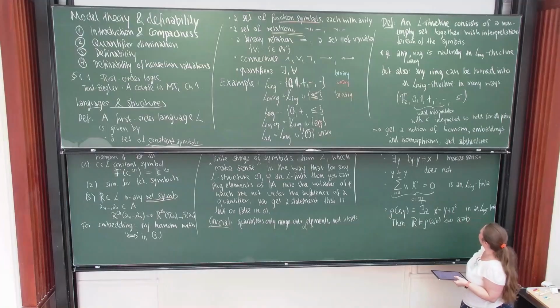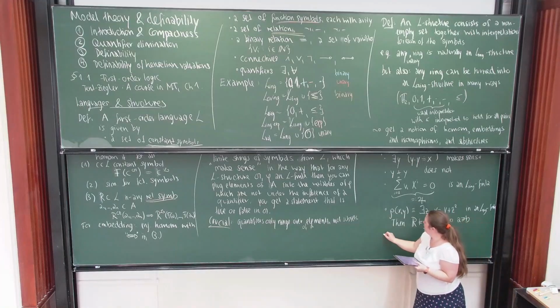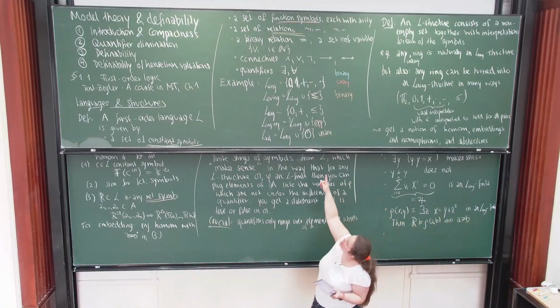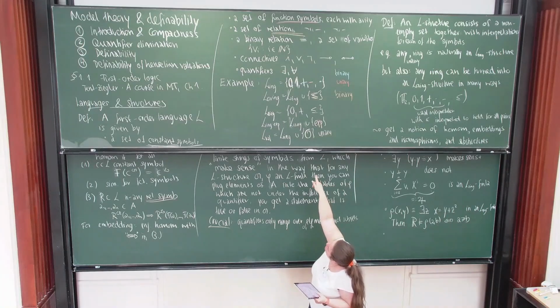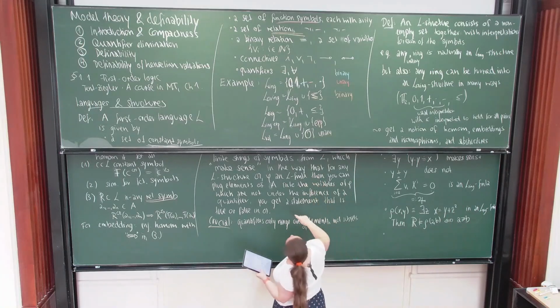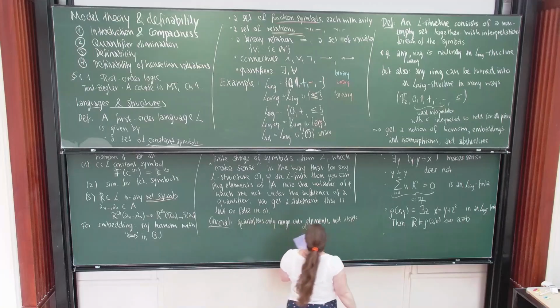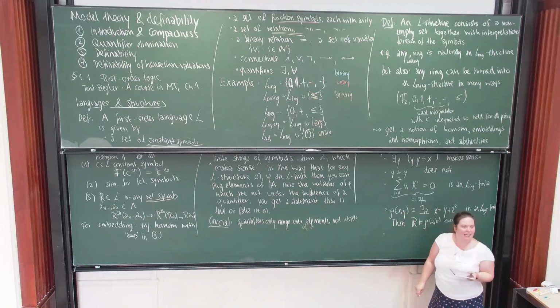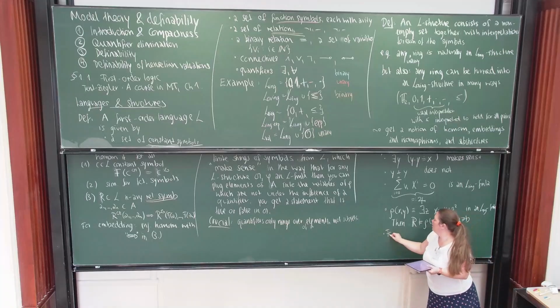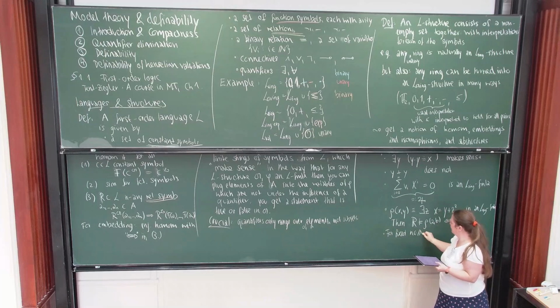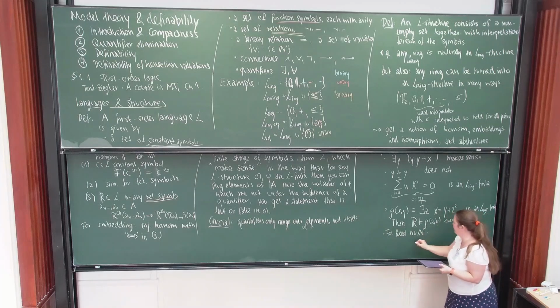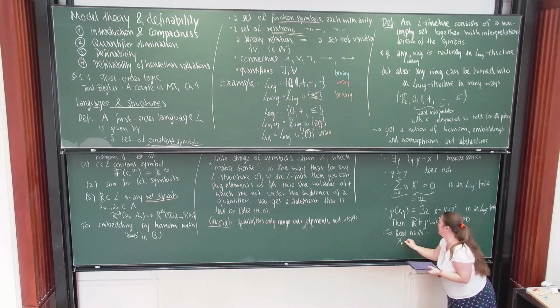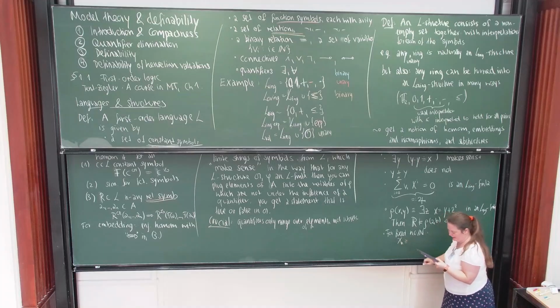Okay, I want to say another thing I can express where I don't need any language, but I only need the logical symbols, which is to say I have n many elements. So for a fixed natural number n, I want to look at the formula chi-n, which will be a statement, so there are no free variables.